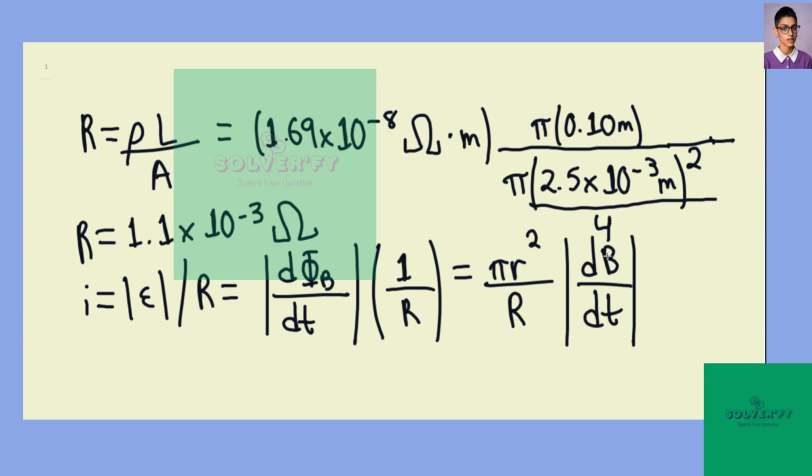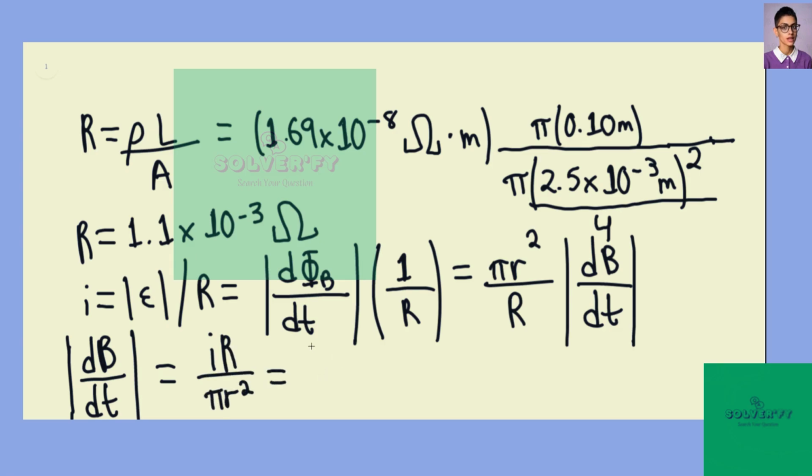And so when we solve for the absolute value of the change of the magnitude of the magnetic field with respect to time, this would be equal to the current times R over pi R squared.